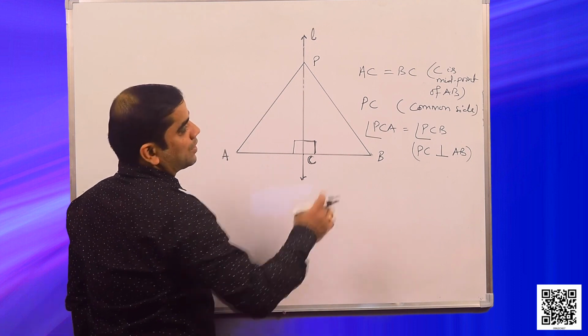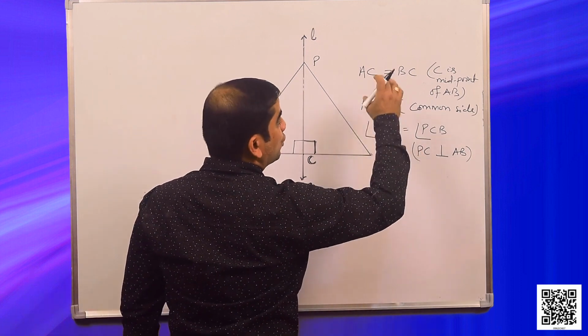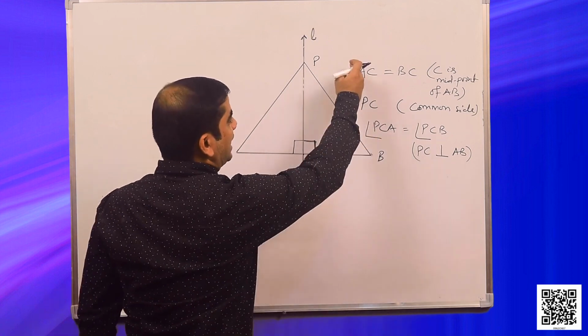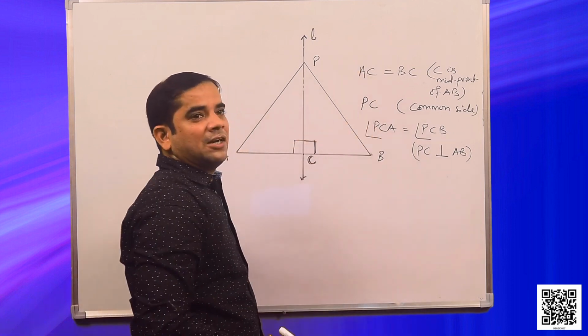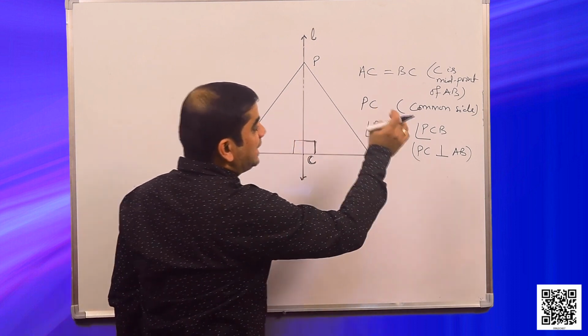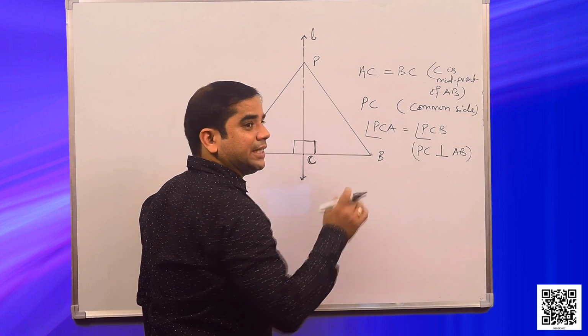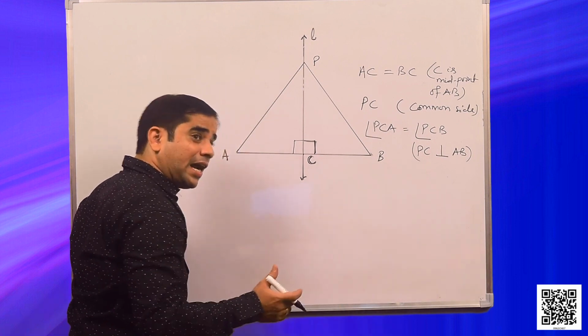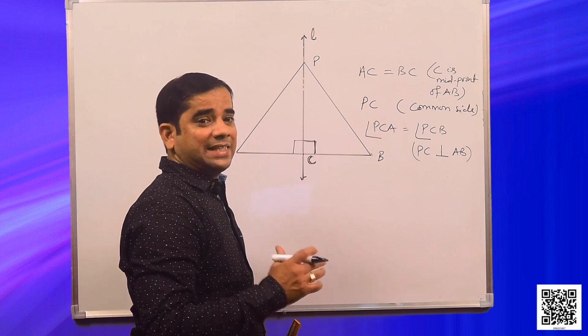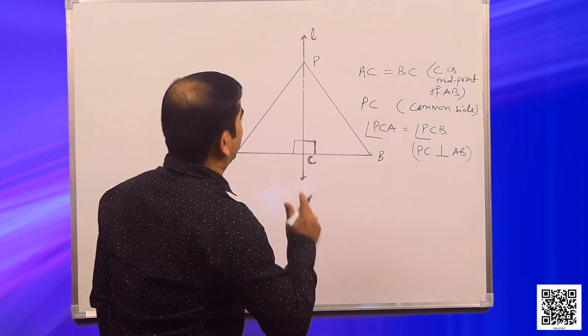So now we have two sides and an angle for these two triangles. Let us see whether these angles which are equal to each other are included angles or not, because after that only we can go for SAS congruency. So let us find it out.